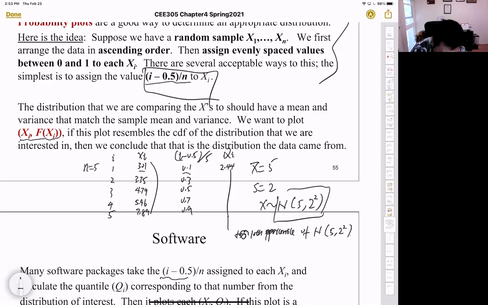For the next one, 0.3, that is 3.95. So that is the 30th percentile of a normal distribution of 5, 2 squared. Based on that, we can calculate the qi values.